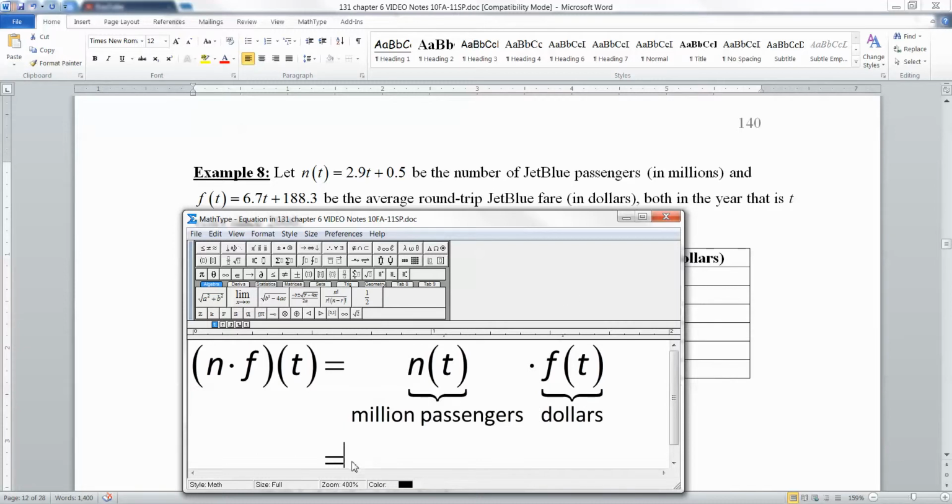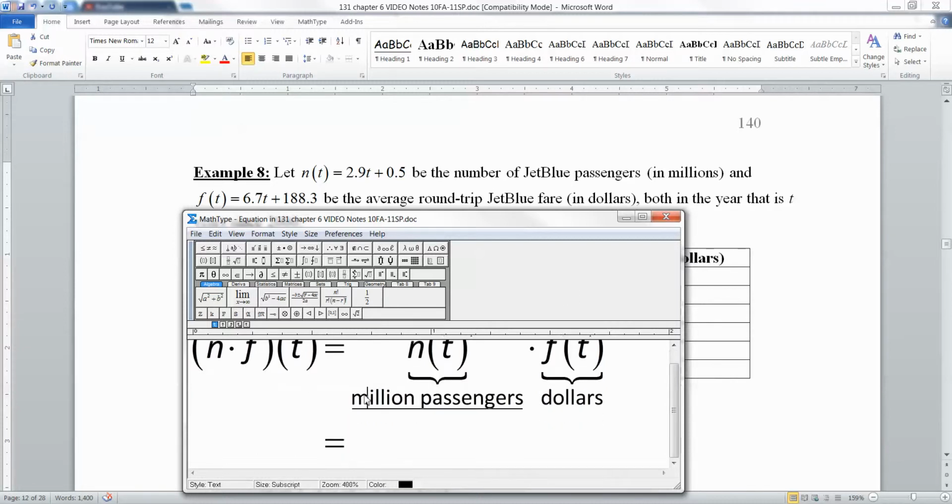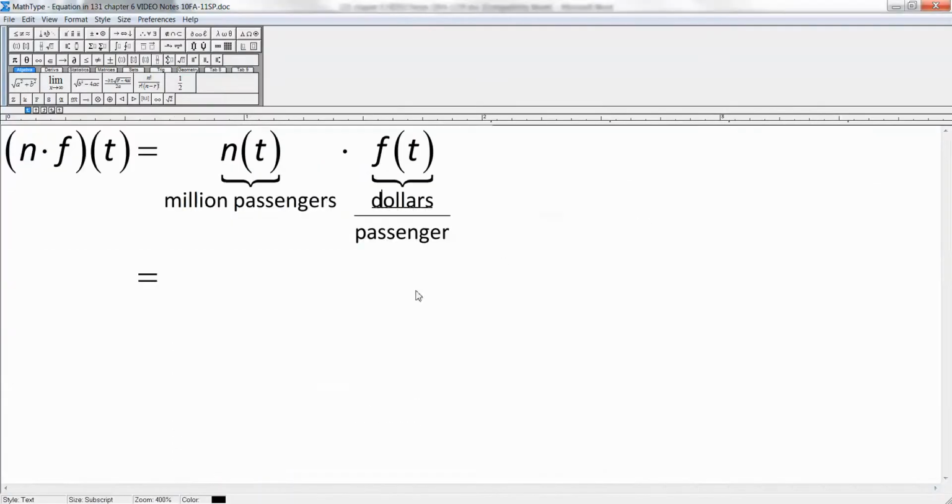Okay, so what's going to be my final unit here? Million passengers. Oh, I could say it's dollars per person, right? Because your fare is how many dollars you're charged per passenger, right? So what's going to happen with passengers? It's going to go away, right?